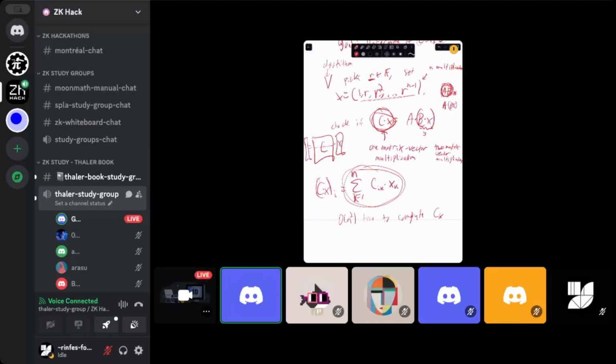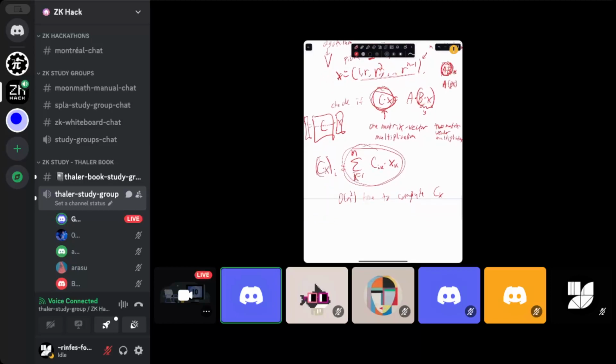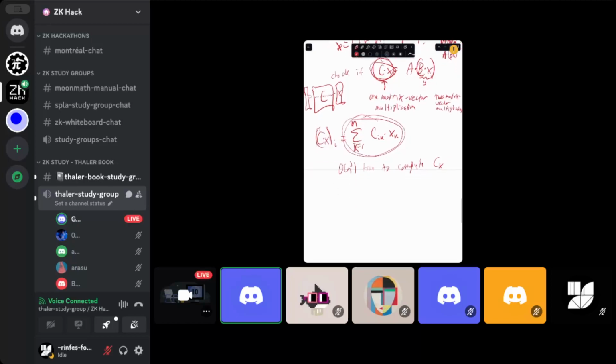So to get another entry of X, you just do one more multiplication, and fewer than n multiplications are needed to get X. Once you have X, you do 3 matrix vector multiplications. Each of those is n squared field multiplications. So in total, that's something like 4n squared multiplications.